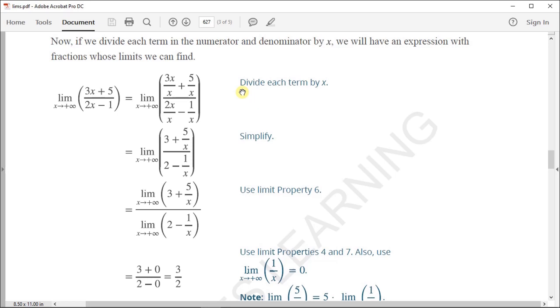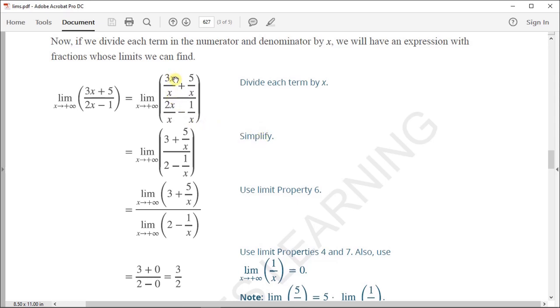Looking at this, you have 3x, you have a term with no x's, and then on the bottom you have a 2x, and a term with no x's. So the biggest exponent we see on an x is 1. These are x to the first and x to the first. So what they'll do is go through and divide every single term on both top and bottom by x to the first. And then they're going to simplify.